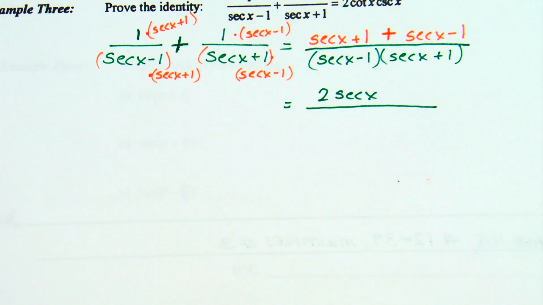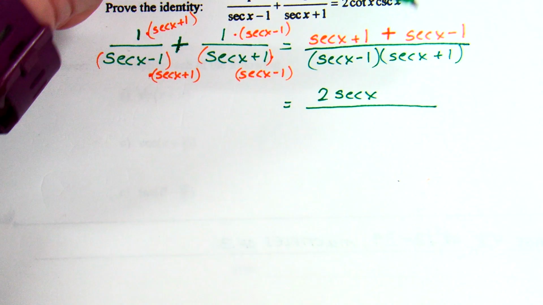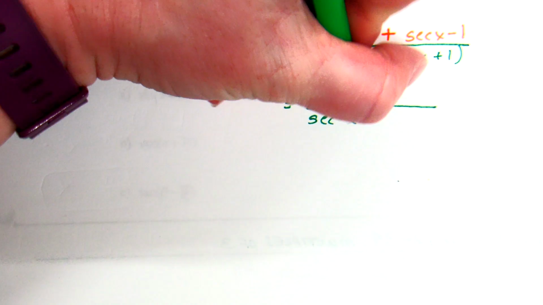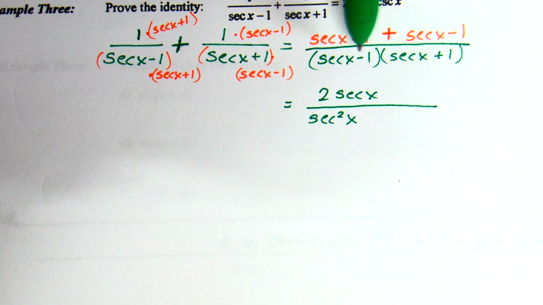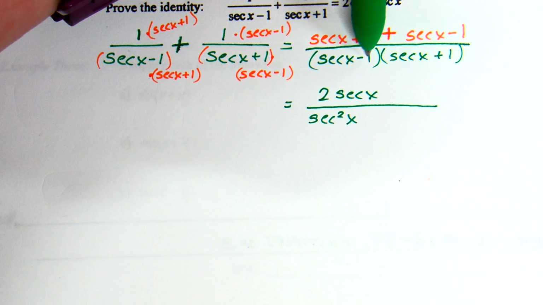What is the Pythagorean identity that relates to secant squared and 1? Side note over here: 1 plus tangent squared x equals secant squared x, right? This is kind of my side note area.